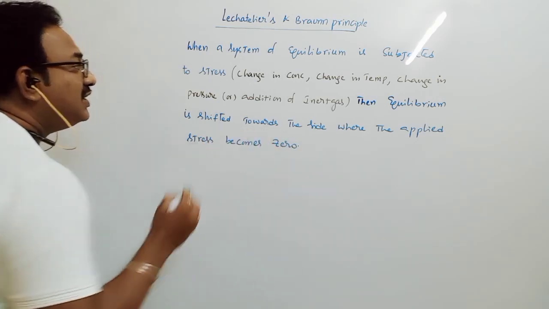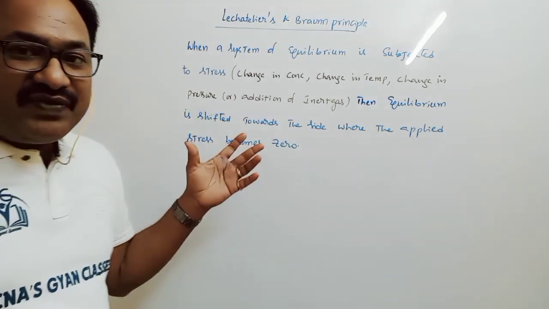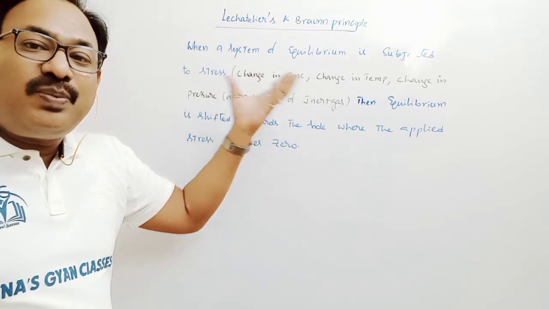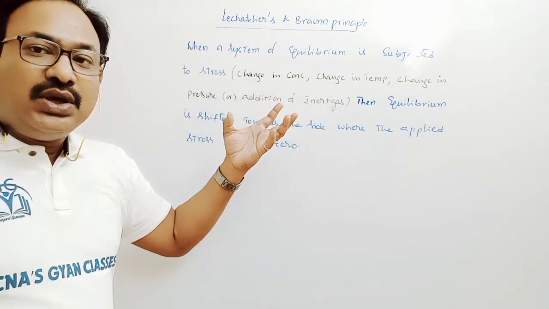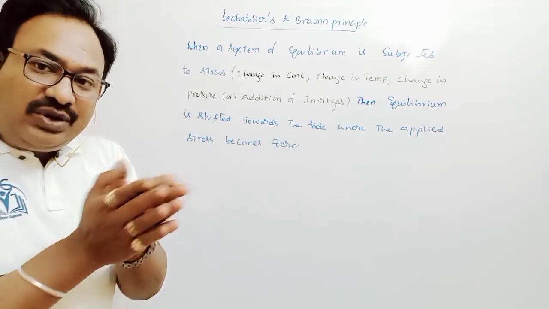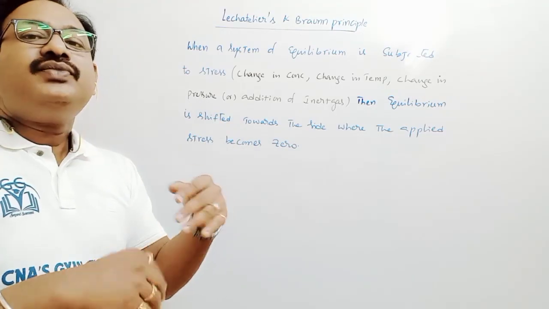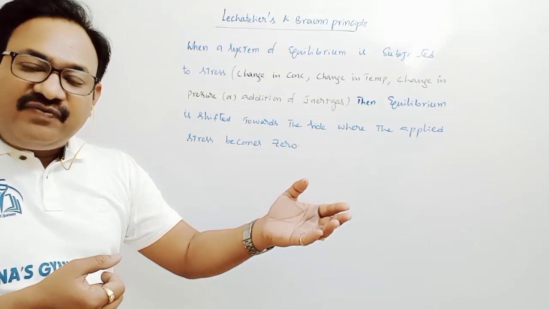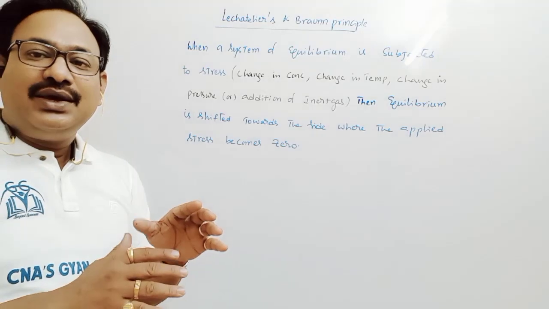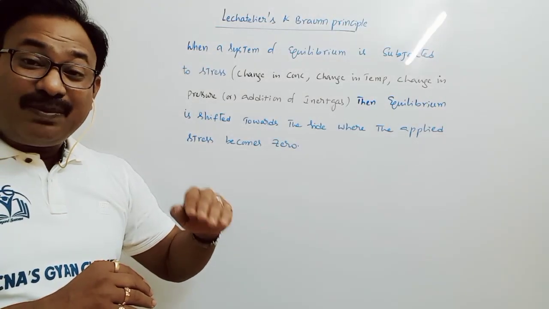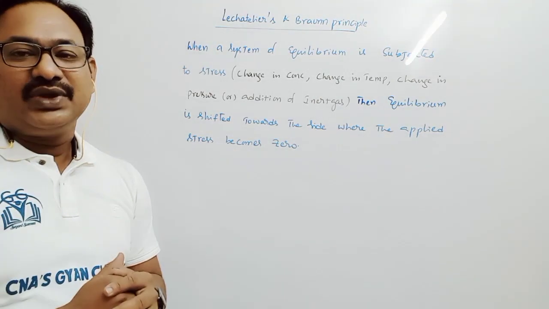Are you getting it? So when a system at equilibrium is subjected to stress, meaning you are changing some property, then what will it do? Equilibrium also shifts to the counter side, meaning when you are increasing concentration in one direction, equilibrium will oppose it, so that it counters the process and makes the applied change zero.